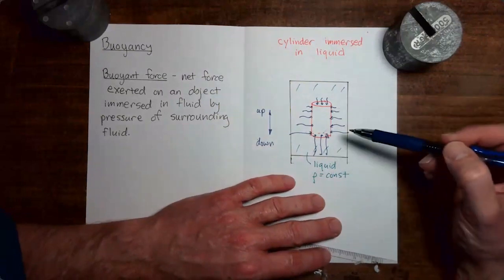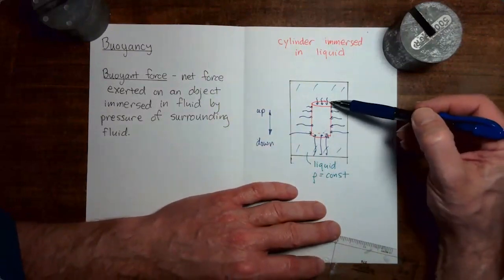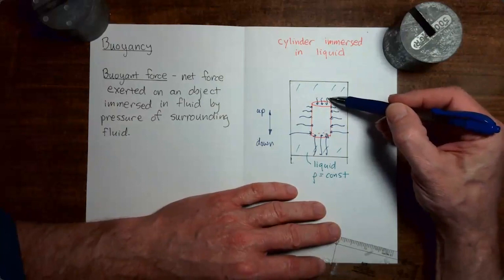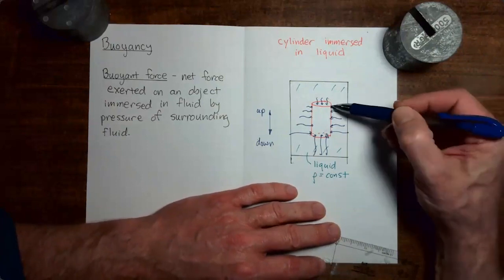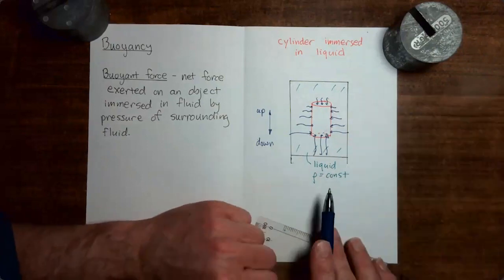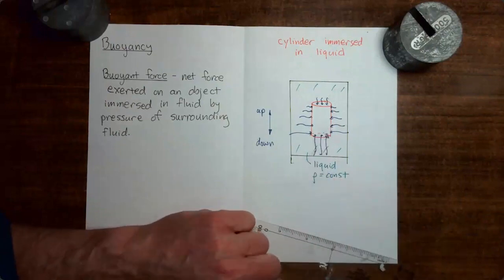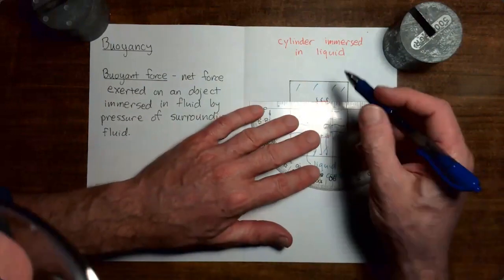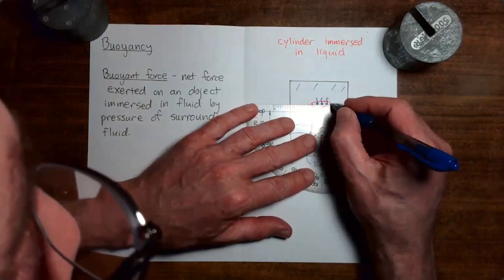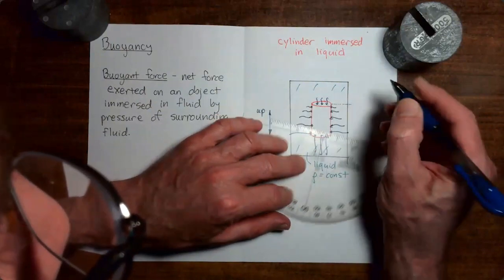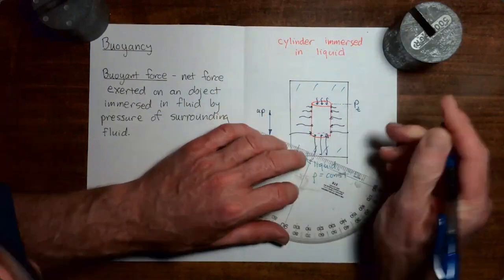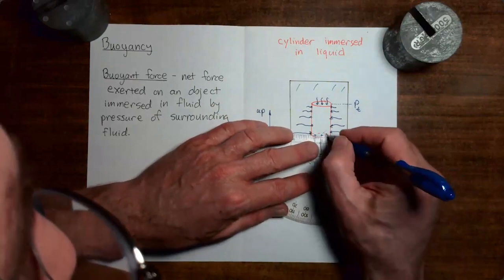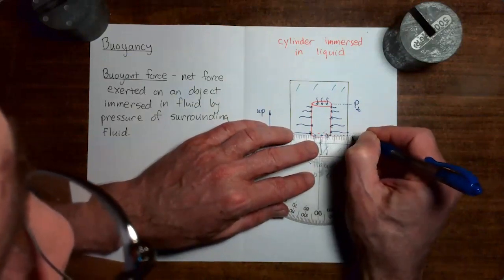Now, if you look at that pressure, you can see, as we would expect, the weakest pressure pushing down on the top surface of the cylinder, and the strongest pressure pushing up on the bottom surface of the cylinder. Let's say that the pressure at the top surface is P sub T, and the pressure at the bottom surface is P sub B.